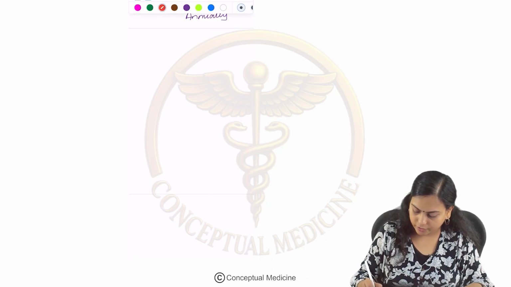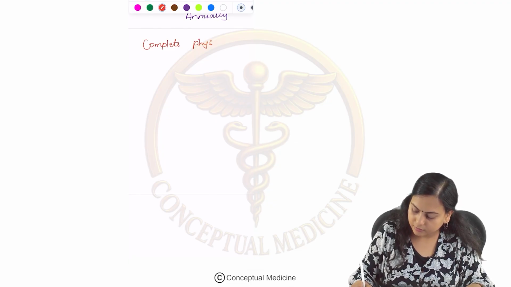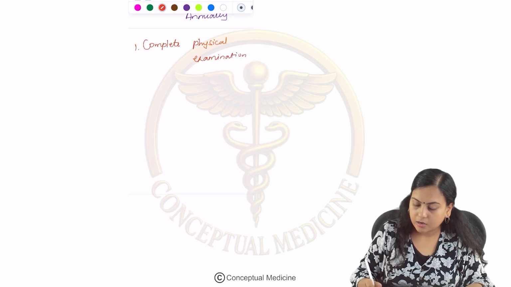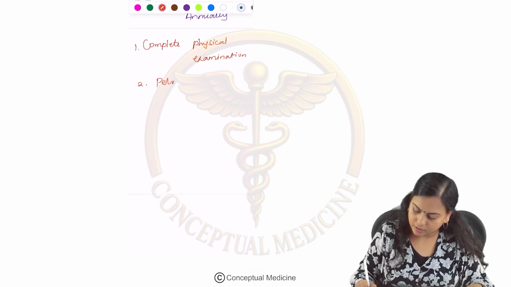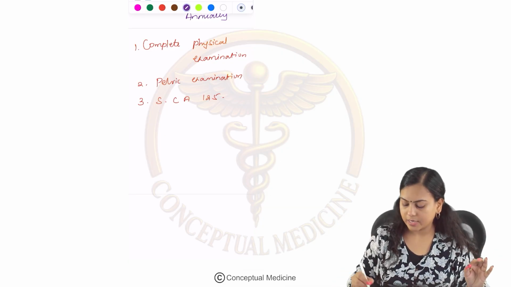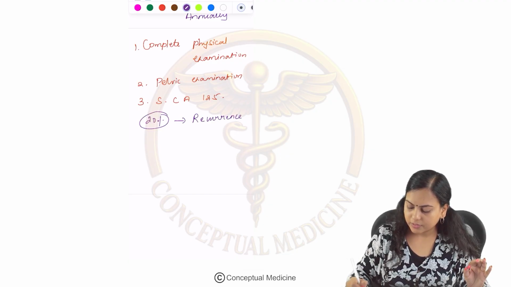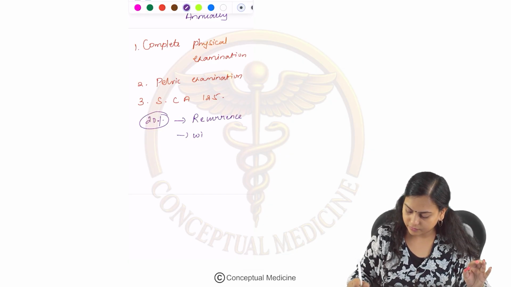You have to offer her a complete physical examination. Second one, a pelvic examination. Even if you offer chemotherapy after surgery, 20% of the patients can be seen with recurrence within 5 years.